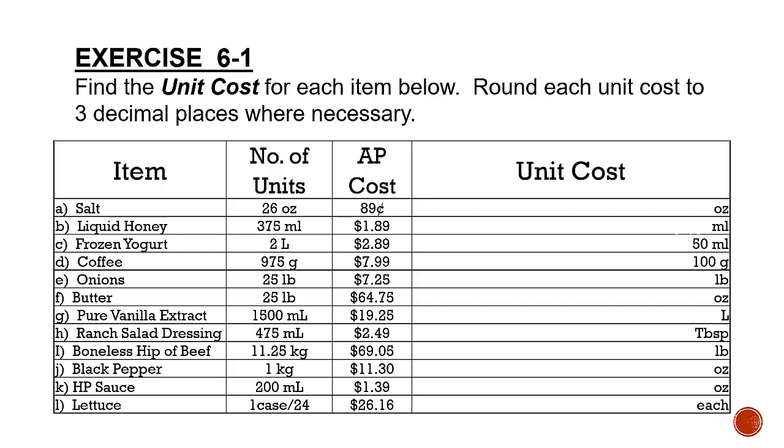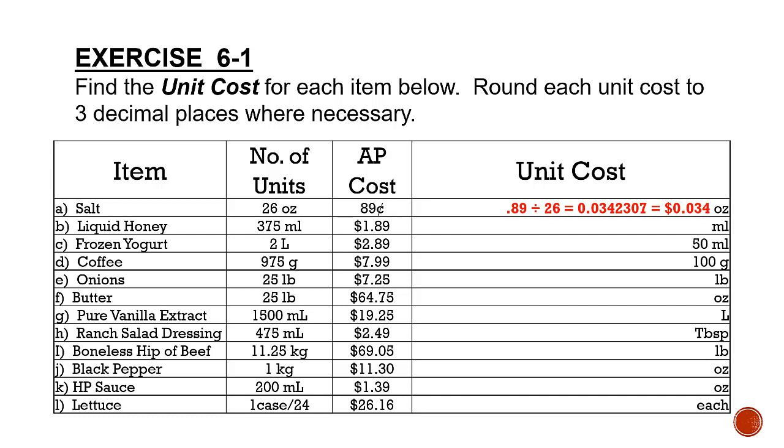As you can see, we bought 26 ounces of salt, and we paid 89 cents for 26 ounces. The unit cost is looking for the cost per ounce. How much does 1 ounce cost? Like the formula says, we will take our AP cost and divide it by the number of units we got, or in this case, 89 cents divided by the entire 26 ounces that we got gives us decimal 0.0342307.